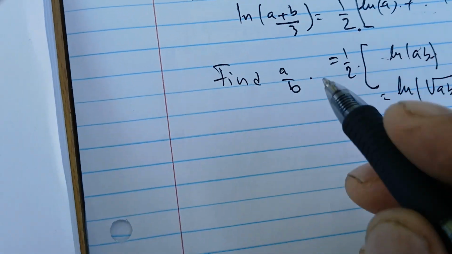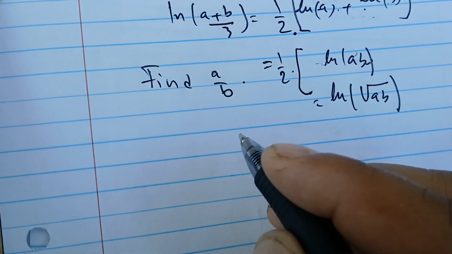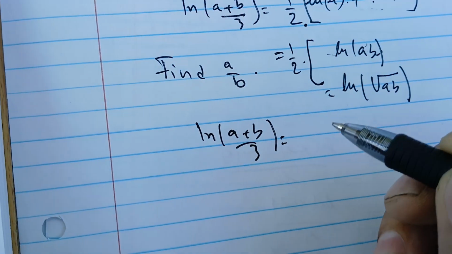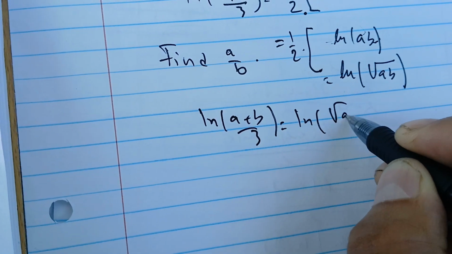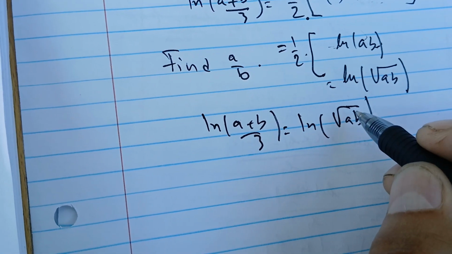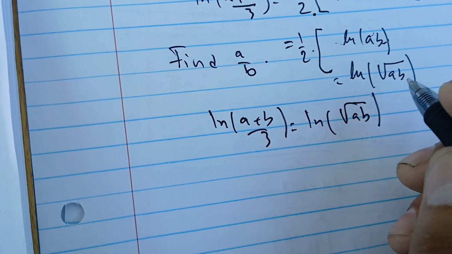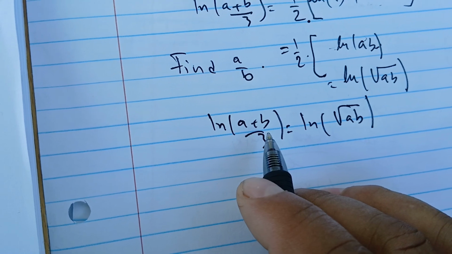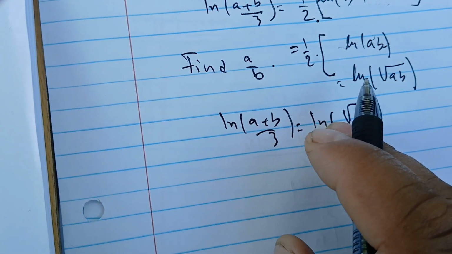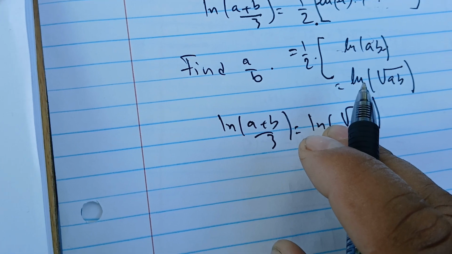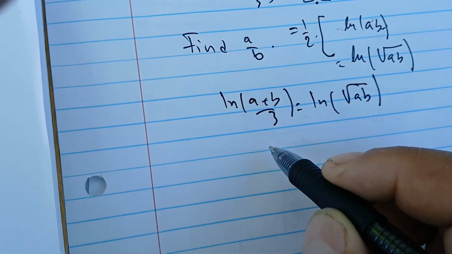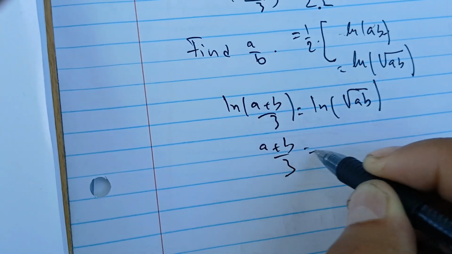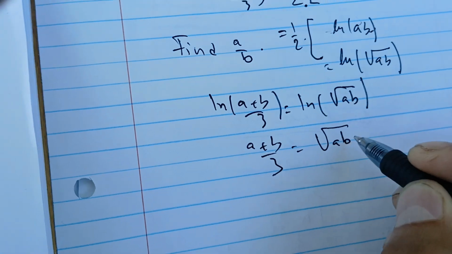Now, the natural log of (a plus b) over 3 is equal to the natural log of the square root of ab. We can equate these two because the natural log is an injective function, or you can just take the exponential. So we have (a plus b) over 3 is equal to the square root of ab.